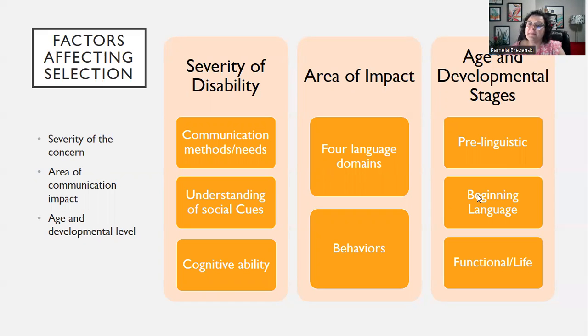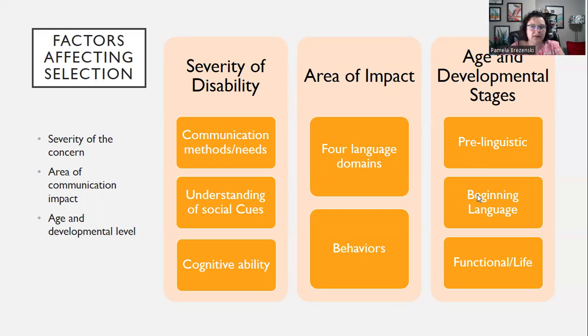And then we have to look at the functional and life developmental stages, because our student may be a transition age student, and maybe they're going to be working on the language of work. We need to know some transition components, but we're not going to do some of the more advanced ones.